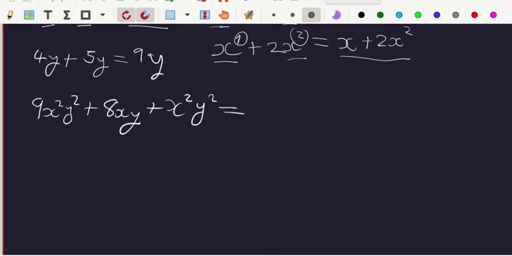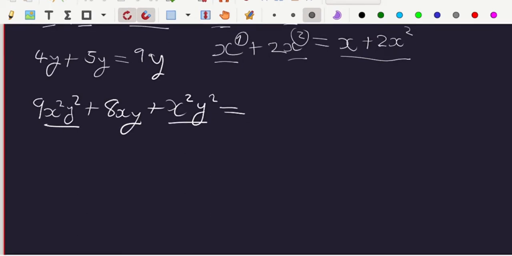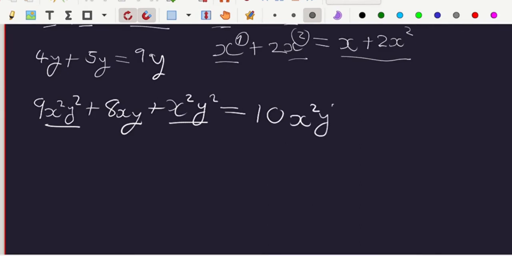The first thing we do is look at which terms are like terms. We have x squared y squared and x squared y squared here. The coefficients are 9 and 1 respectively, which when we add give us 10x squared y squared, and we have 8xy, which just remains the same.